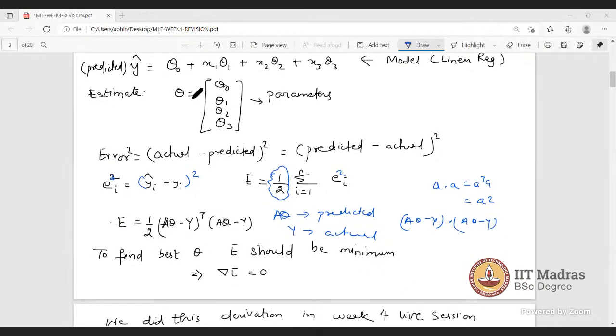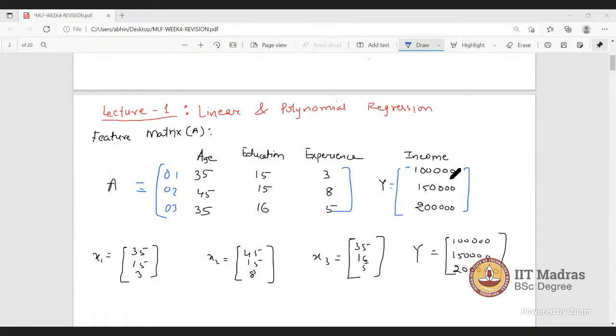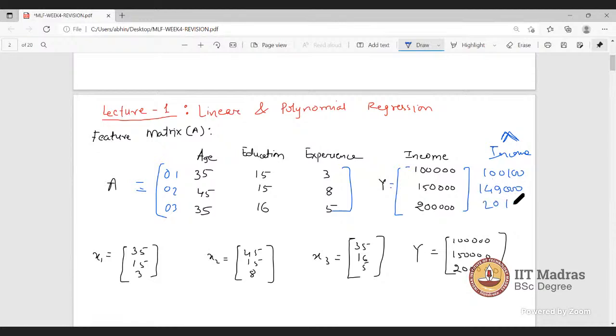Now suppose this was the table that I had got for income. Suppose from the model I am getting a prediction of income like this. Now what will be the error?